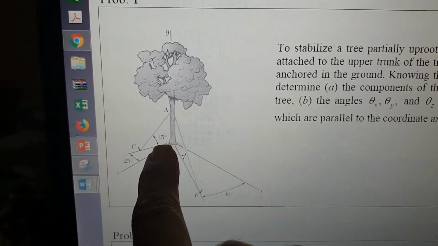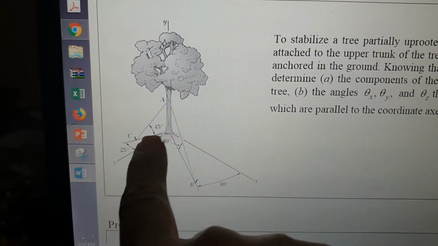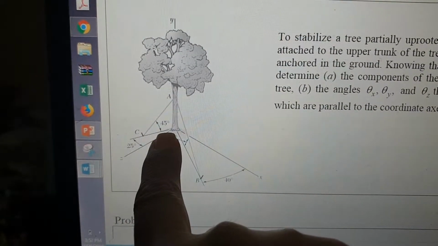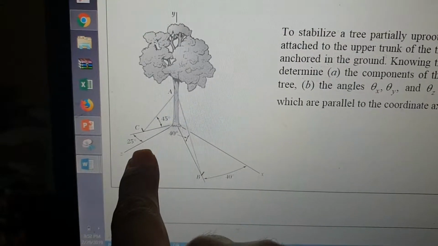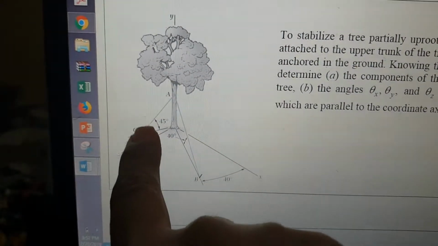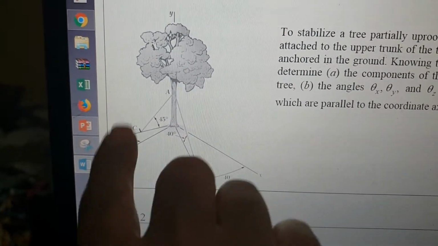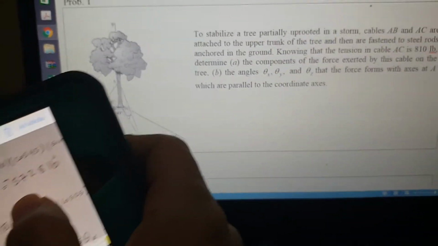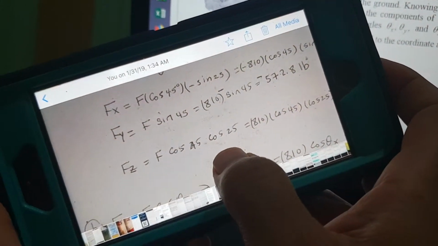And then look at this. Cosine 45 is going to be here, and then it's going to be cosine 25 to make it in the z. So the force AC, cosine 45 to make it down in the xz plane, and then cosine 25. So Fz is F cosine 45 cosine 25.